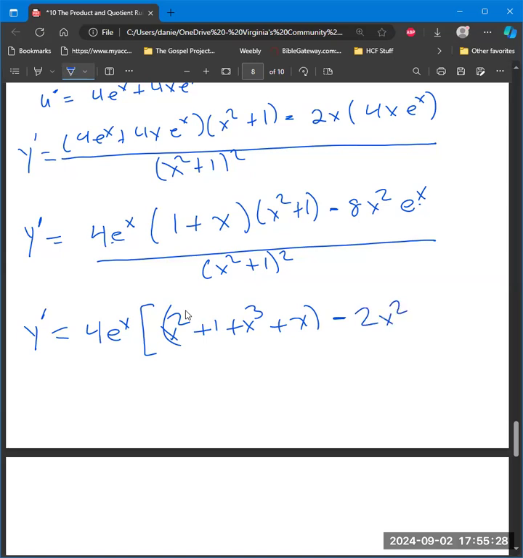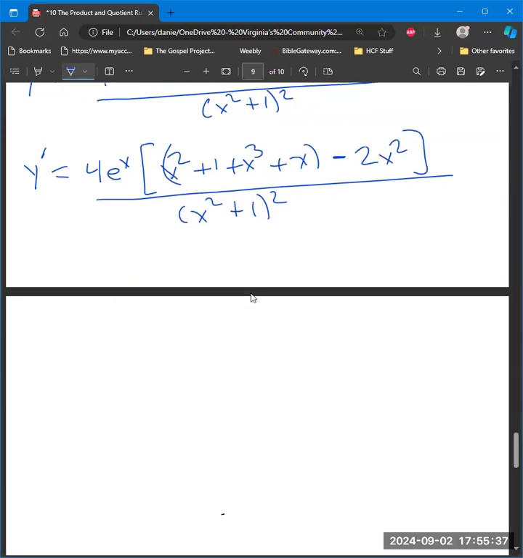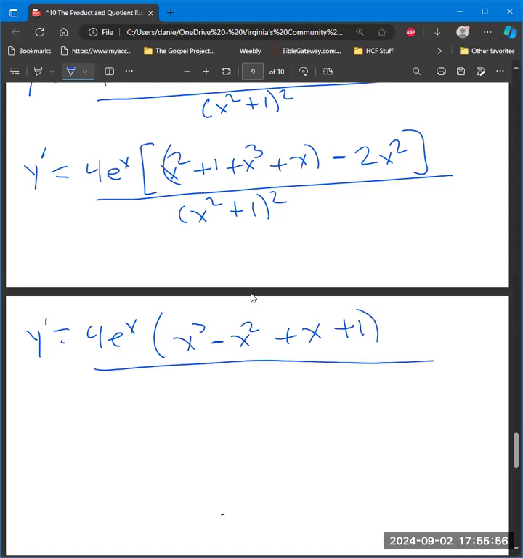Leave those x squareds, so e to the x has come out over x squared plus 1 quantity squared. Y prime is 4e to the x times x cubed minus x squared plus x plus 1 over x squared plus 1 quantity squared.